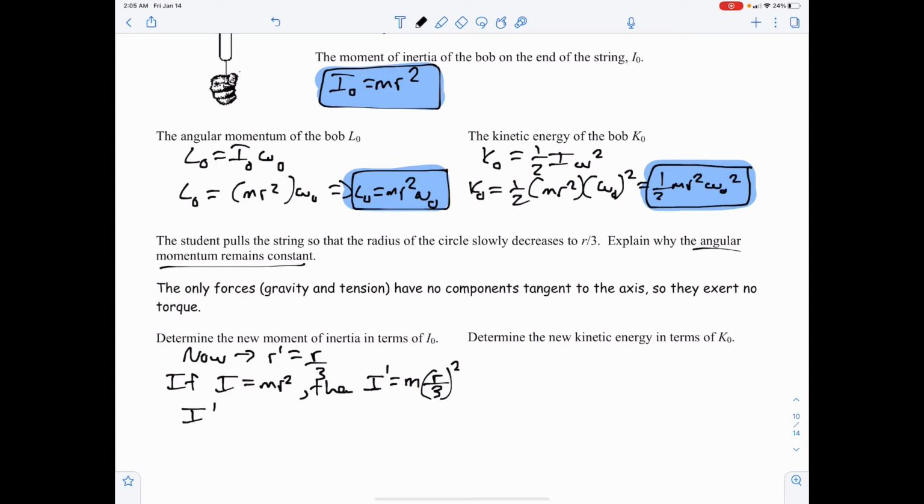That means I prime is equal to mr squared over 9. Now, mr squared is I naught, so I prime is the same thing as saying I naught over 9.